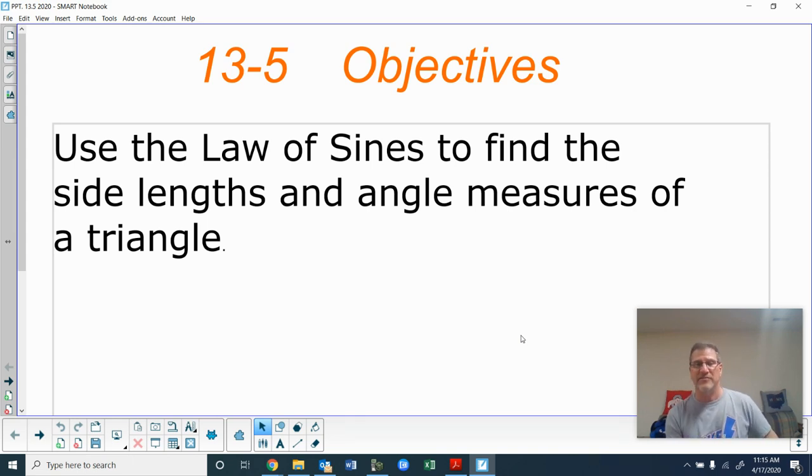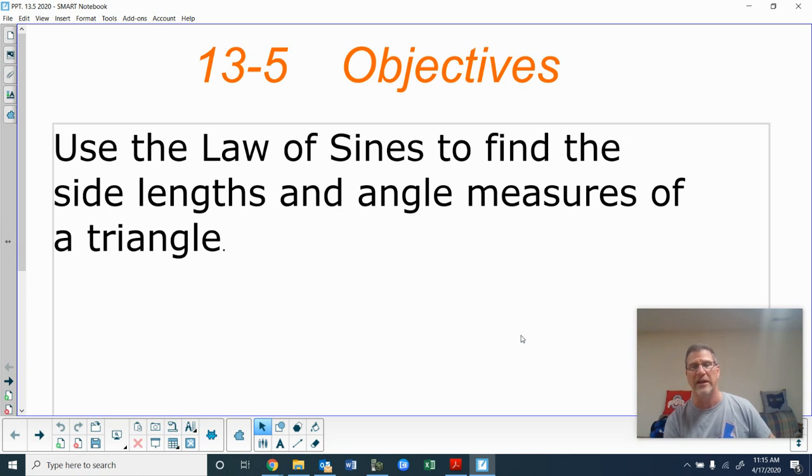You Algebra 2 kids have done a nice job keeping up and did well on your quiz last week. You learned some tricks, some SOHCAHTOA for right triangles. And this week we're going to do what we call the law of sines, which we don't need a right triangle for.